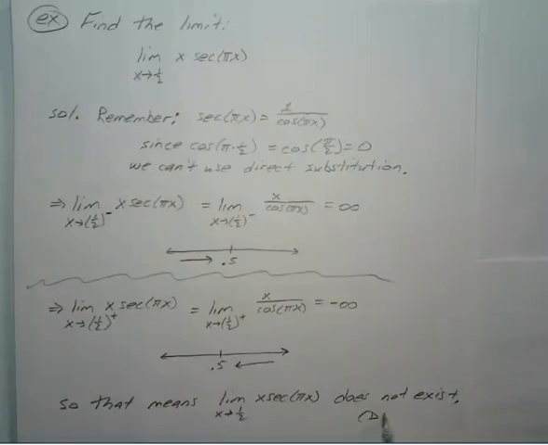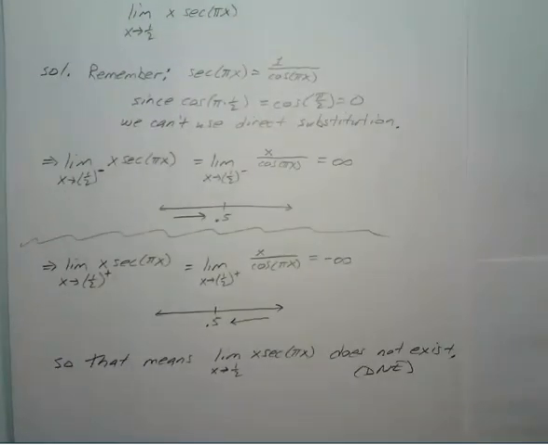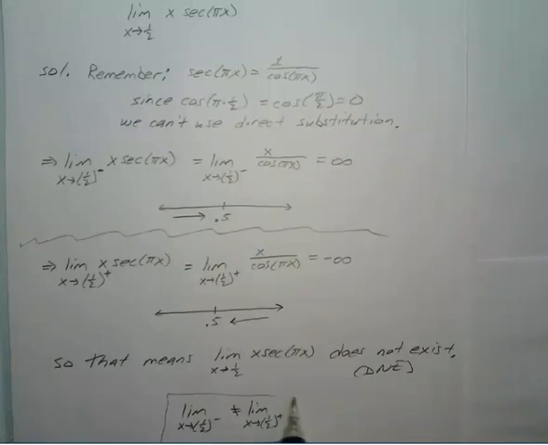Or just a good old-fashioned DNE. Okay, so since the limit as x approaches 1/2 from the left does not equal the limit as x approaches 1/2 from the right, that's the reason why it does not exist.